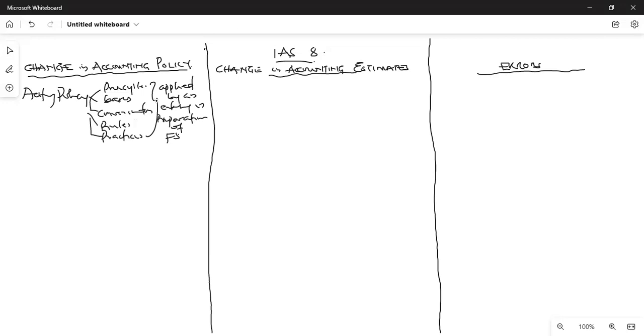The standard tells us that an entity is supposed to select and apply appropriate accounting policy of the IFRS standards. You need to do that. It's very, very important. Now, when you are doing this, you need to make sure that the information that you are using is relevant.